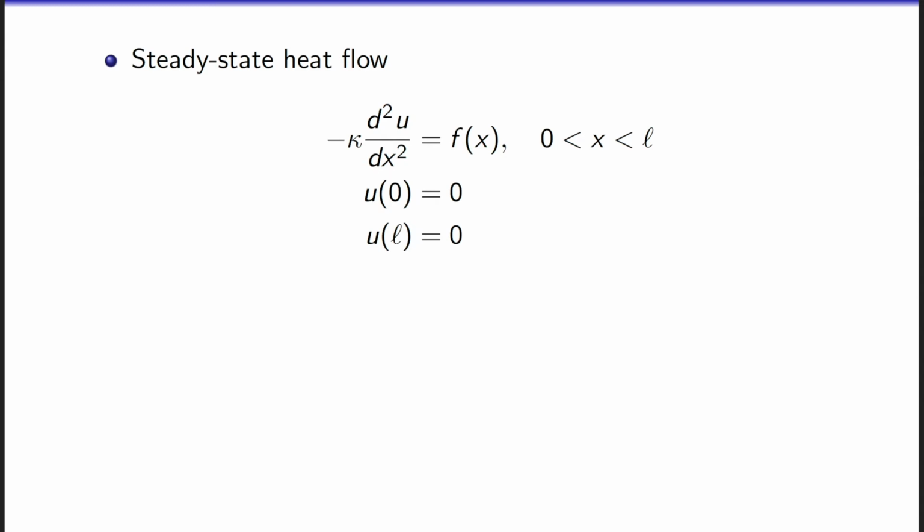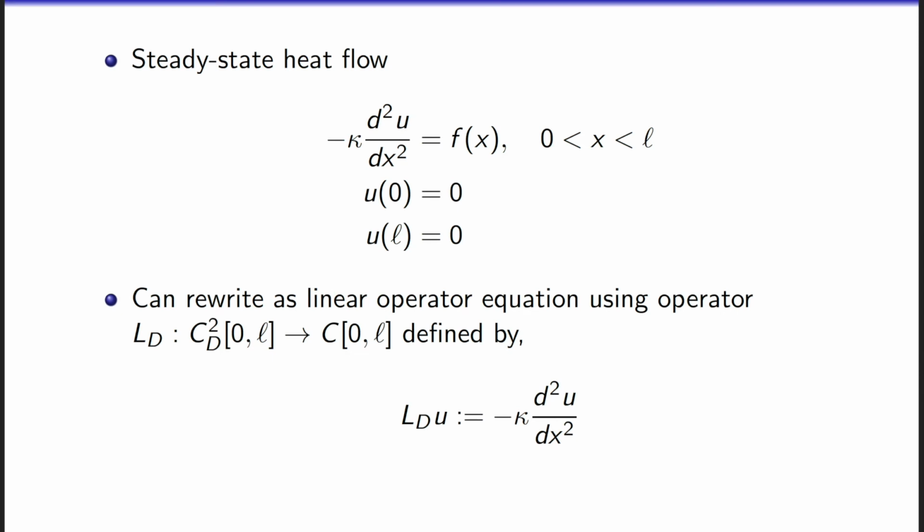So let's consider the steady state heat flow problem that we discussed in the previous chapter. We can rewrite this problem as a linear operator equation by defining the linear operator L_D. This operator has a domain C^2_D. Remember, this is the space of all twice continuously differentiable functions that already satisfy homogeneous Dirichlet boundary conditions, and it has a range of all continuous functions.